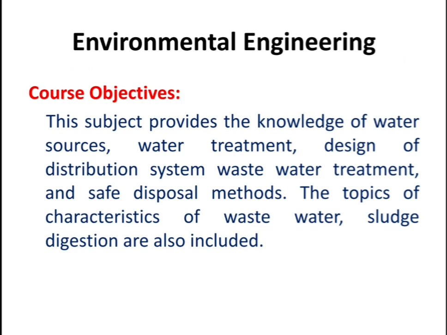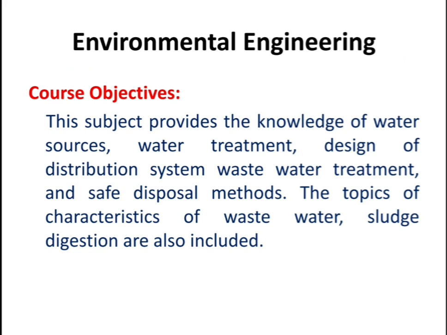Its objective is to provide knowledge to students about water, wastewater, and air pollution. It means what the different sources of water are, the different usage of water, and the different treatments available for treating water.